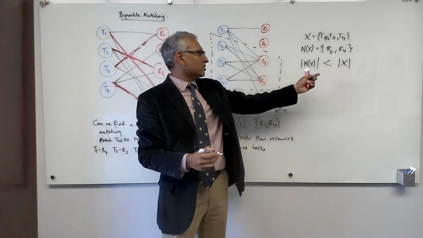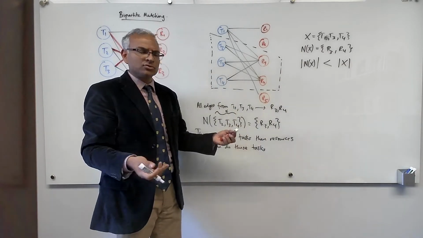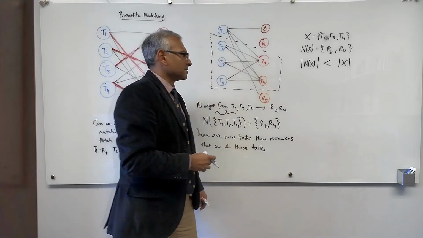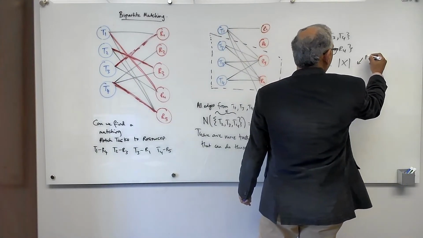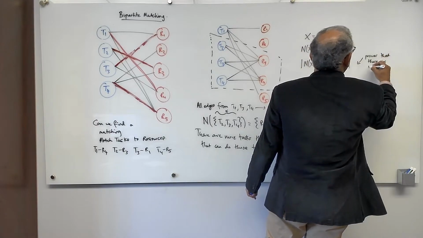In some sense, you can think of X as being a witness, a subset that can immediately prove to you that you cannot do it. So this subset proves that there is no matching.